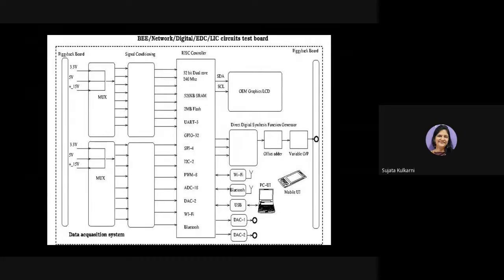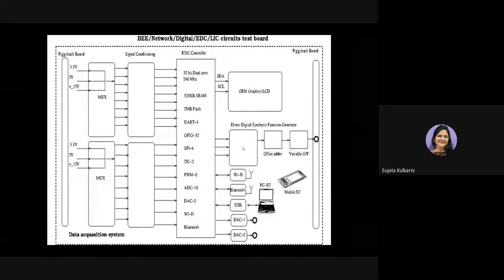Then about this function generator. It is, as I said, a direct digital synthesis function generator, and it is interfaced to the microcontroller using a SPI port, serial peripheral interface, a 3-wire system. But the story is not over here. The function generator can generate only a few volts, maybe a few millivolts, less than a volt output.